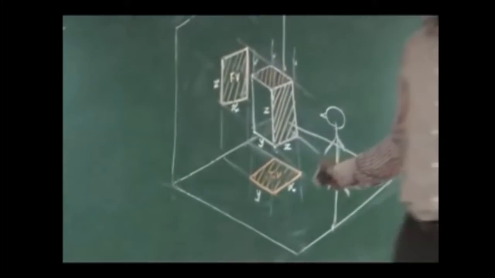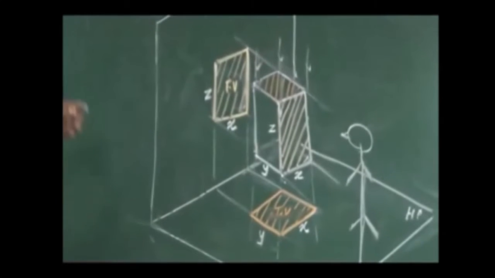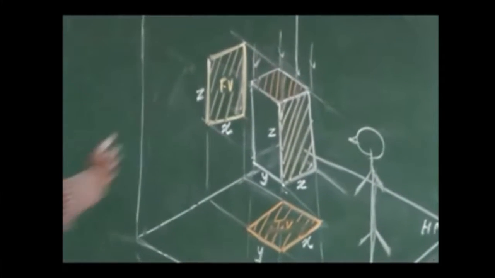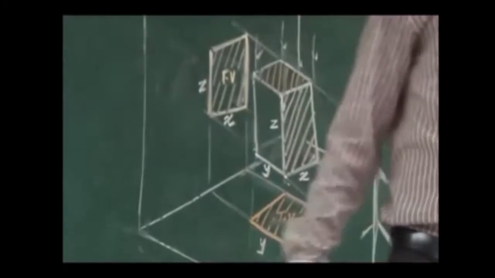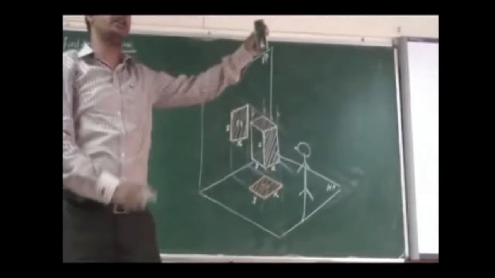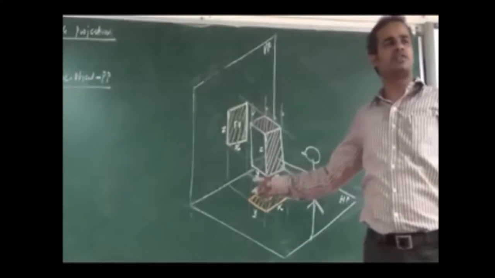Now I am performing an orthographic projection here, which is nothing but a first angle projection, in a 3-dimensional setup. What I am going to do is draw this in a 2-dimensional view. The whole orthographic projection is to draw a 2-dimensional view of any 3-dimensional object. So I am performing a first angle projection here.